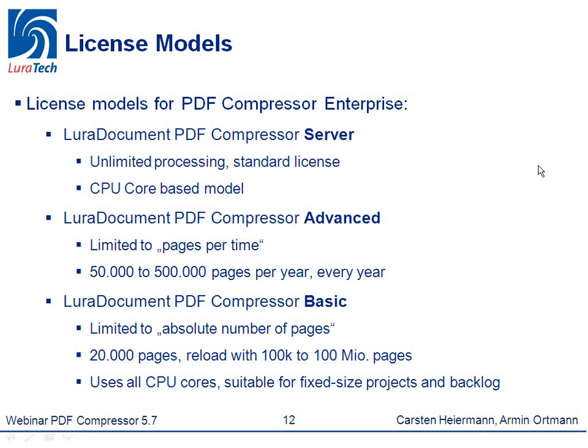The PDF Compressor Enterprise in total, including the OCR engine, comes in three license models. The first and most widely used is the so-called server license model. This gives you unlimited processing, is only scaled by CPU cores, and has no page counter or page limit at all. So the question is answered.